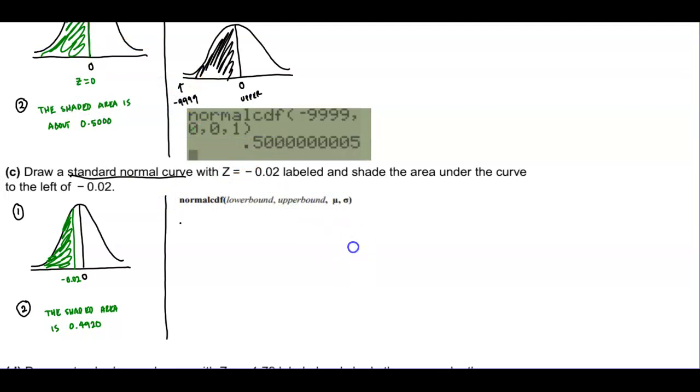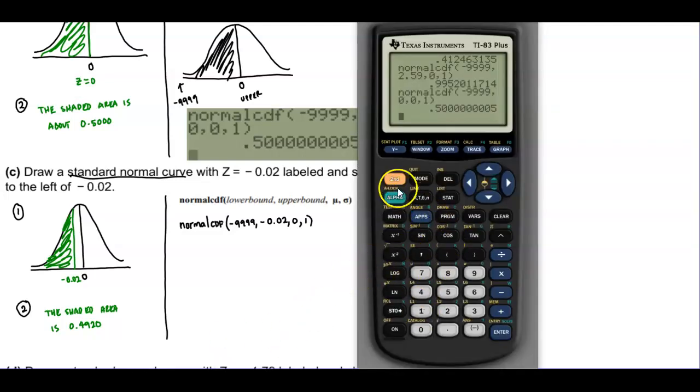Okay, so what do you think we can see here? So the normal CDF, we can see that the lower bound here, again, is going to be negative 9999. We can see that the upper bound is negative 0.02. We know the mean is going to be 0 and the standard deviation is 1. So let's go ahead and do that.